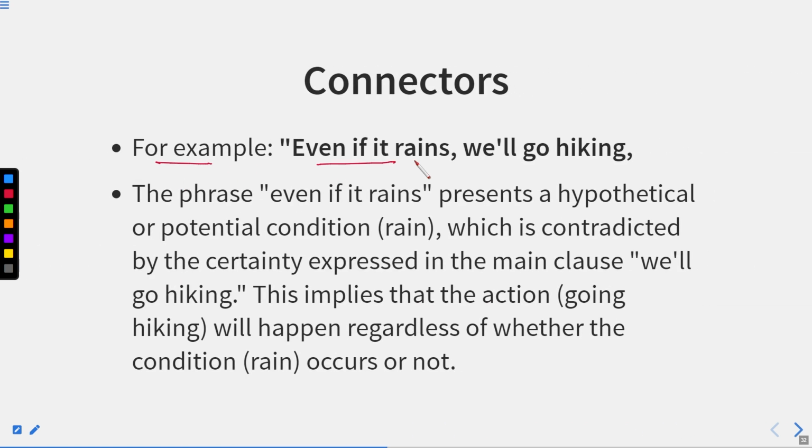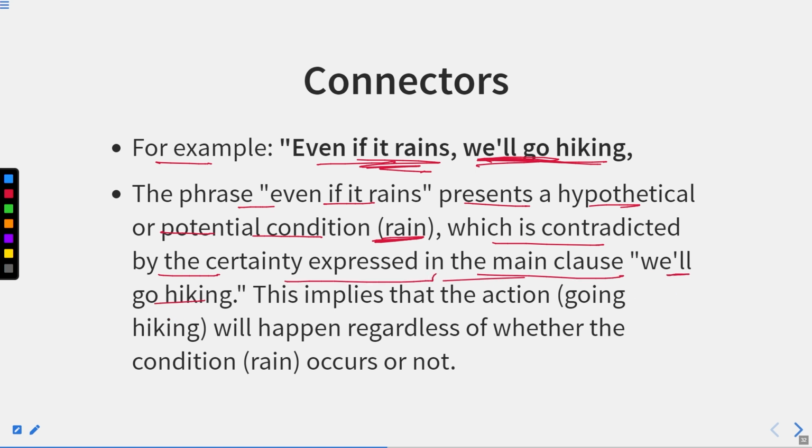For example, even if it rains, we will go hiking. So we will go hiking, it means our plan will not get affected due to the weather. The phrase even if it rains presents a hypothetical or potential condition, that is rain, which is contradicted by the certainty expressed in the main clause, we will go hiking.